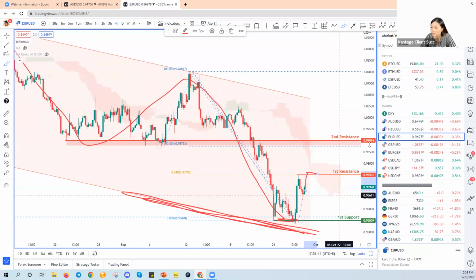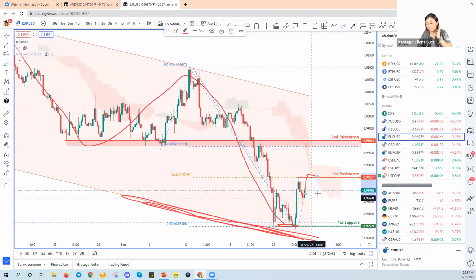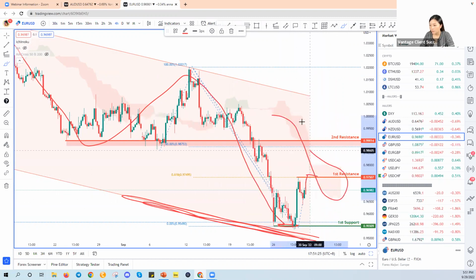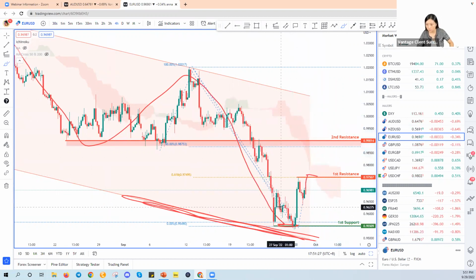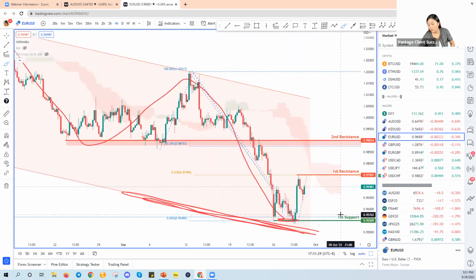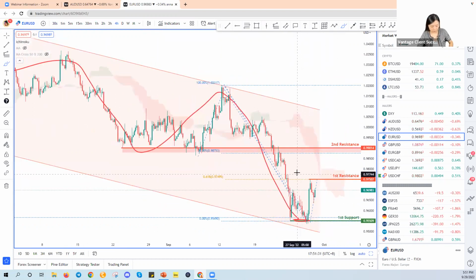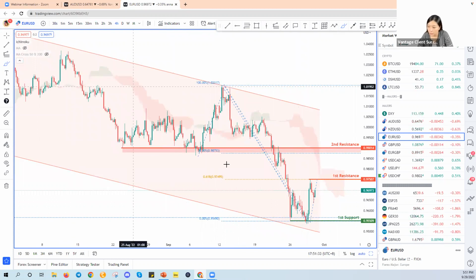That's my own view of what's going to happen to Euro USD. I'm thinking that it will come back here before it actually moves down because there is a very strong Ichimoku that we can see here, signaling that price is in a very bearish momentum, as well as USD strengthening. But if there is any other news that might affect USD, definitely this will be a lot more volatile.